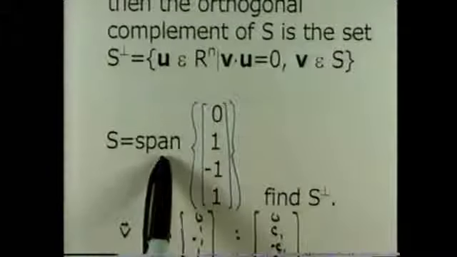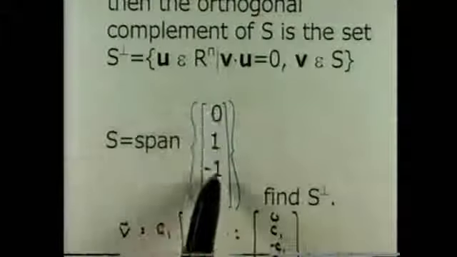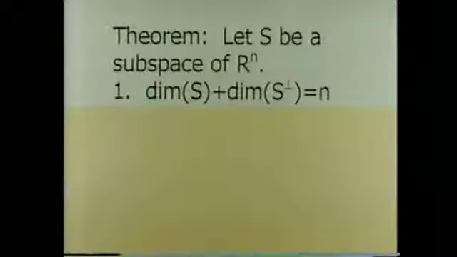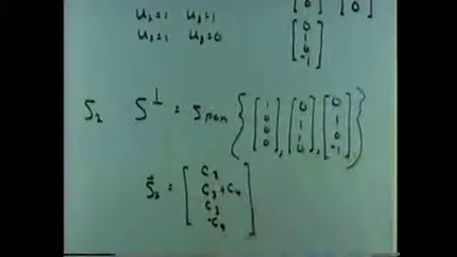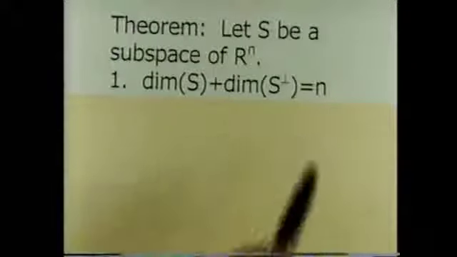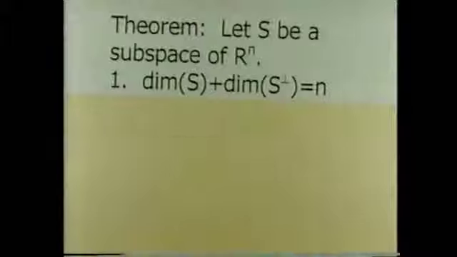So we can see the dimension of S is 1. The dimension of the complement of S was 1, 2, 3. And of course, n was 4. So 1 plus 3 is 4. That's an illustration of it.